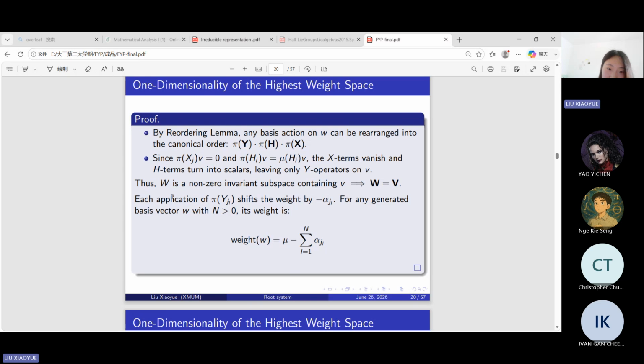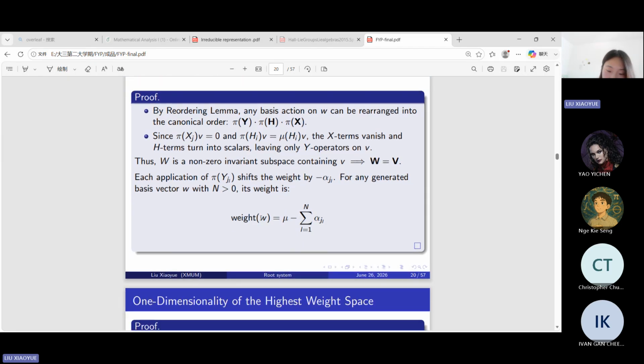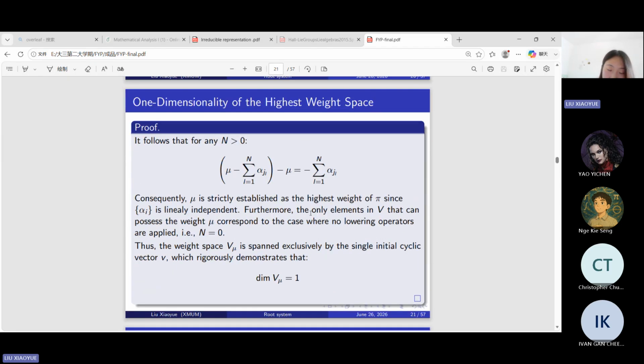And since each application of Y shifts the weights by minus alpha, and alpha is a simple root, for any generated basis vectors of W, we can obtain the weights in this form, and then we can compare it with the vector v.